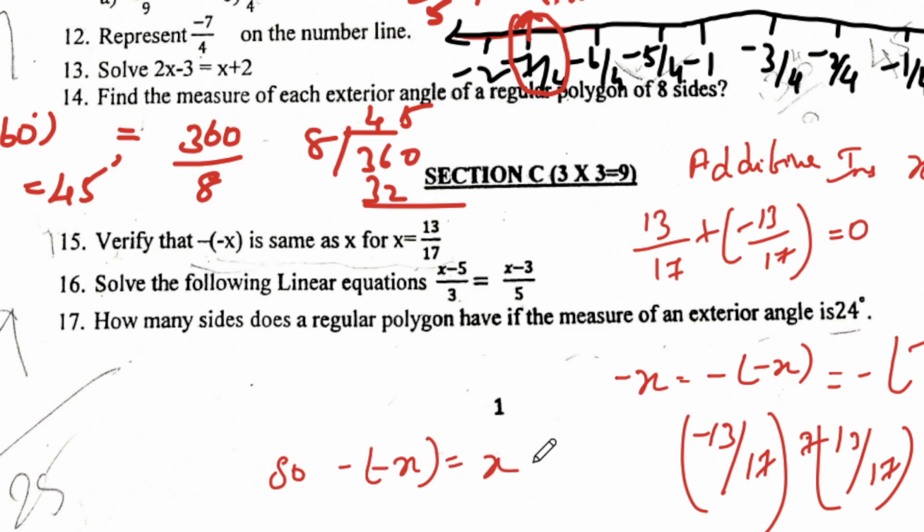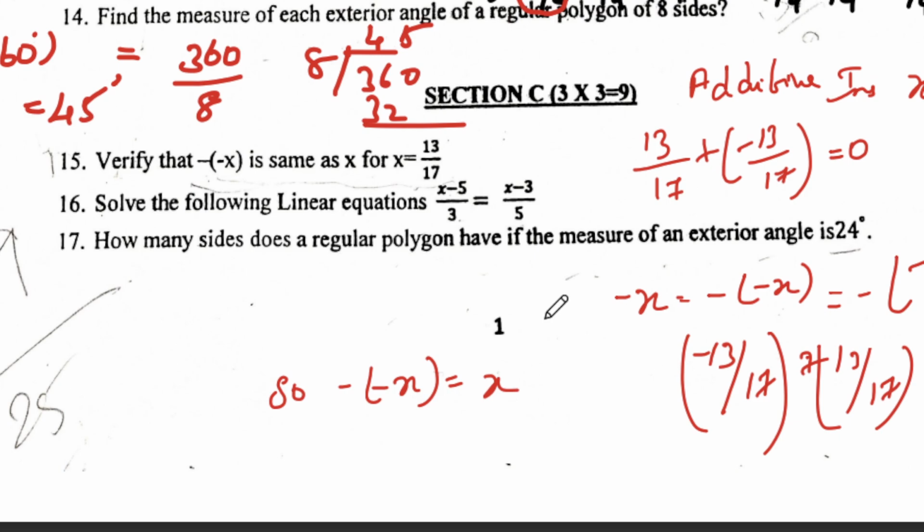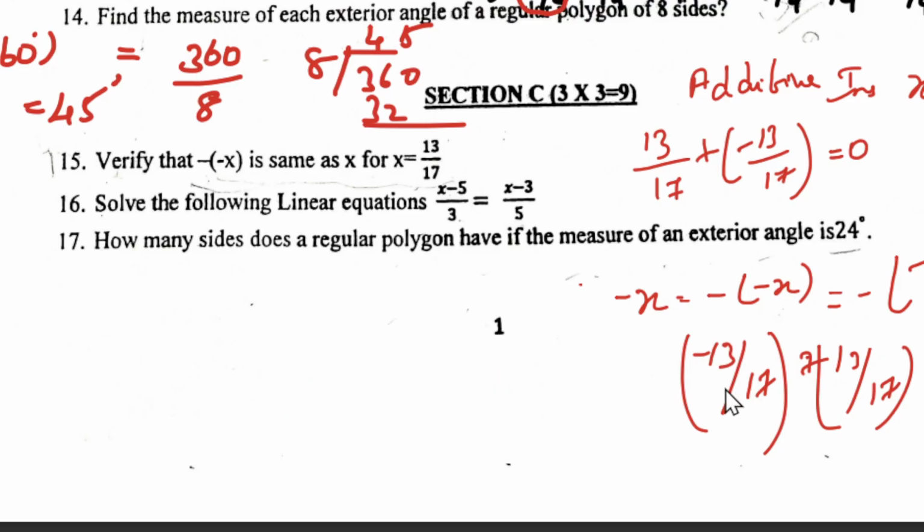Okay. Next, solve the linear equation (x minus 5) divided by 3, which is equal to (x minus 3) divided by 5. Okay, so we have x minus 5. So we are going to take this 5 from here, which is equal to, and 3 this side, the opposite side.